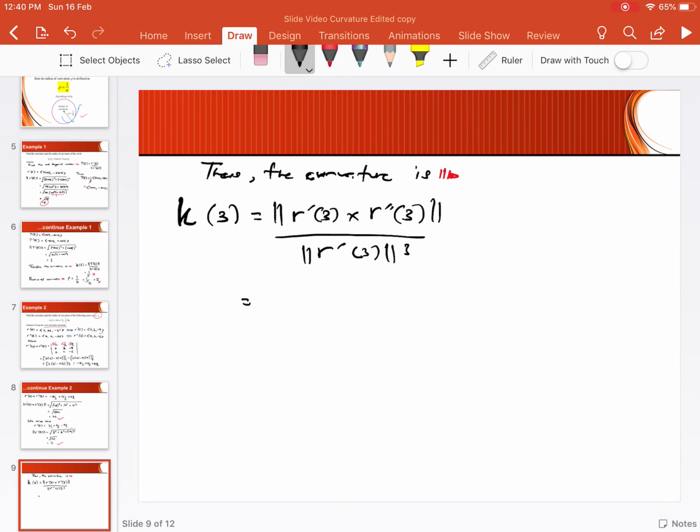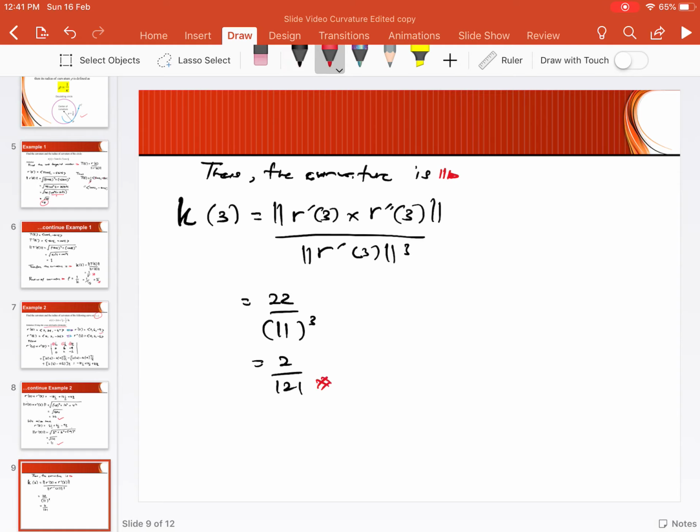So we have 22 divided by 11 to the power of 3. Therefore, the answer is 2 over 121.